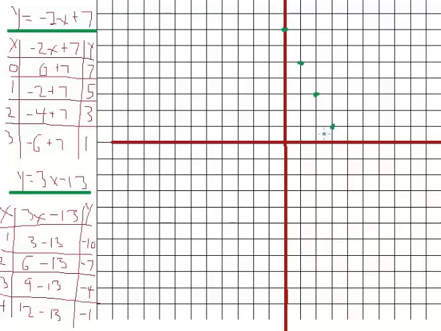Now let's fill out the line. Again, we'll start it over here. We'll make sure it's as straight as we can make it. Whoops. Let's draw it again.